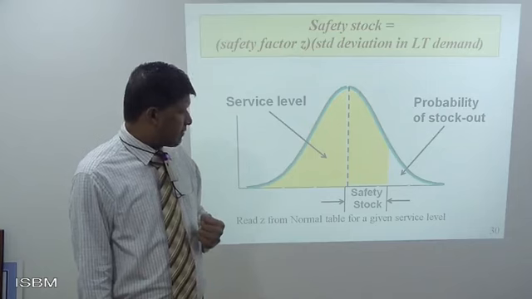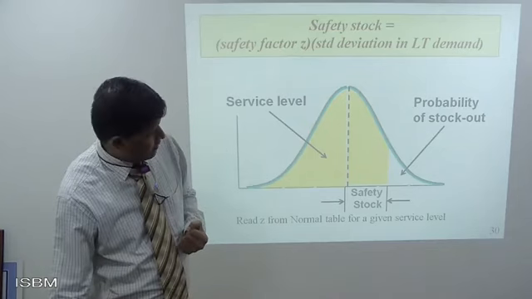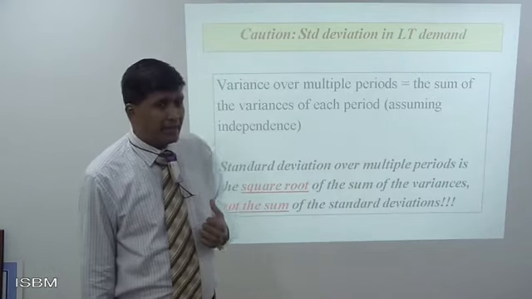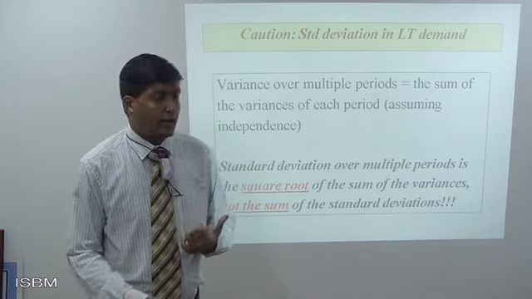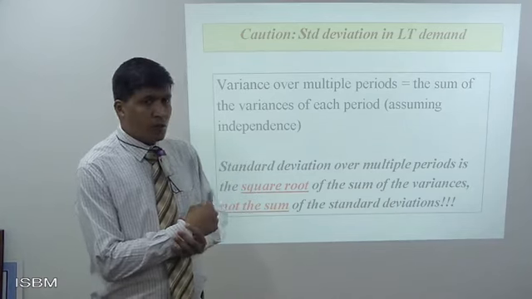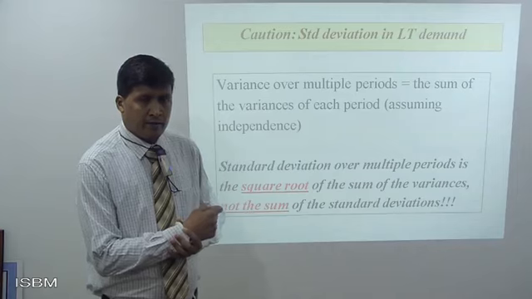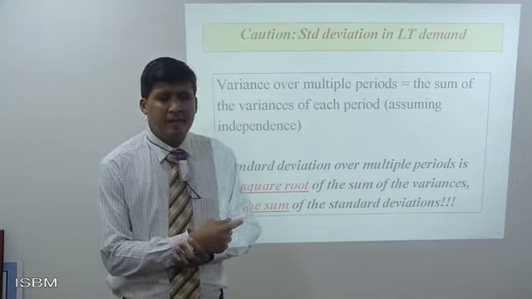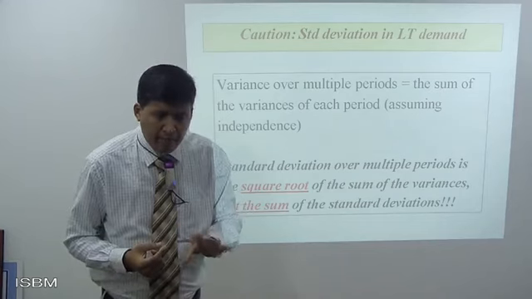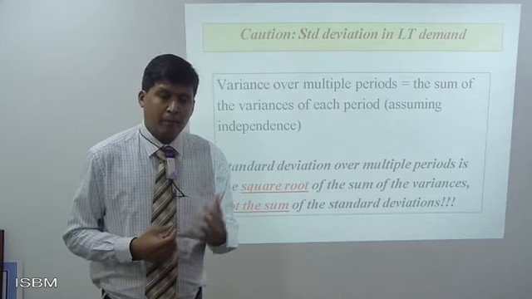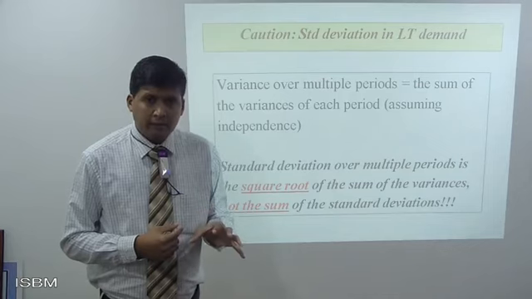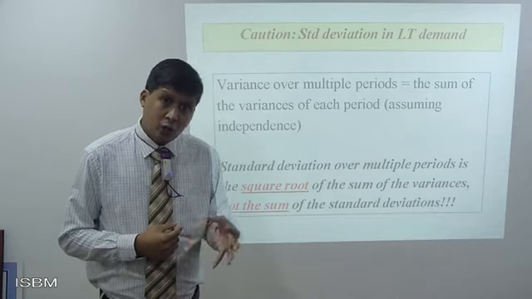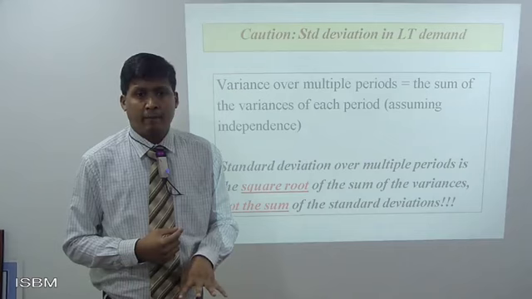So read Z from the normal table for a given service level. Okay, let's take a standard deviation as well. Now the variance over multiple periods is the sum of the variance of each period, assuming independence. So we are looking at every month in the same example of the car, every fortnight, every quarter, this variance will happen.